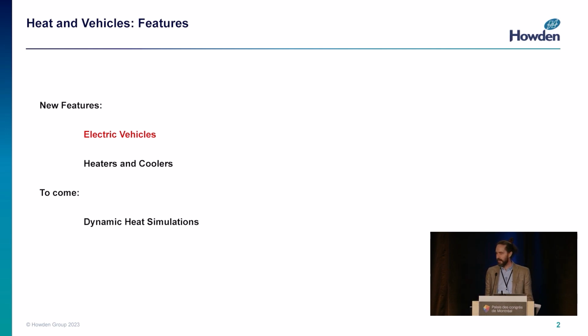And so we've been working on a few features for electric vehicles and heaters and coolers. And then that last one there to come, dynamic heat simulations. This is a question that has been coming up more and more the last few years, and indeed in the last presentation. Dynamic heat simulation, are there ways that we can improve that? I'll close out the talk with that.